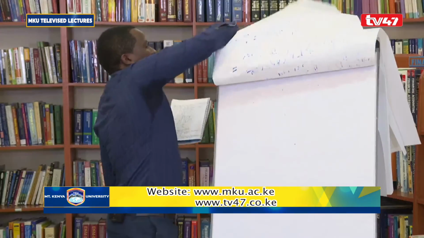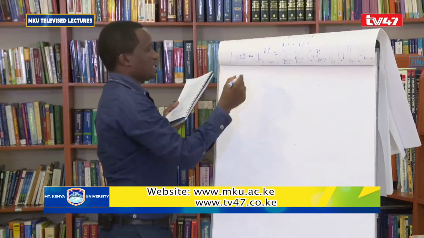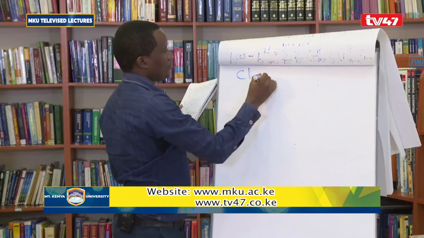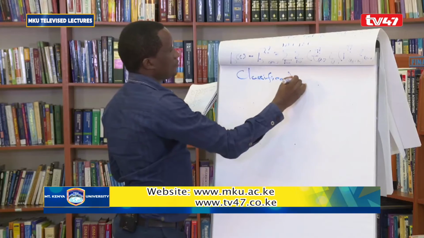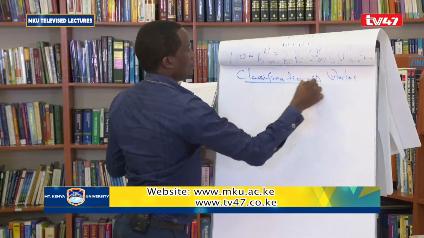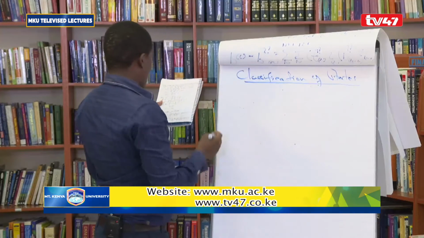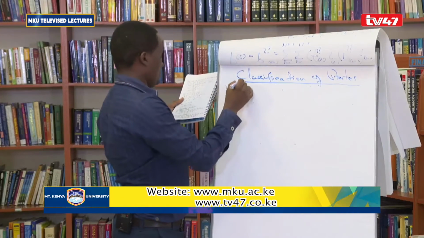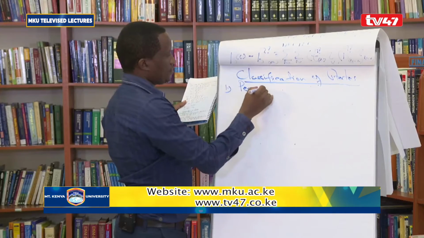Let's now look at classification of states. Number 1, persistent state.